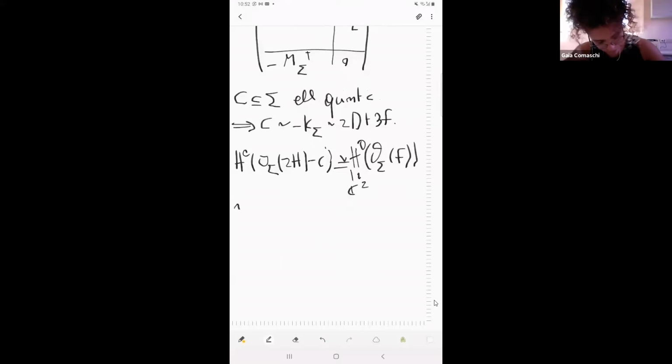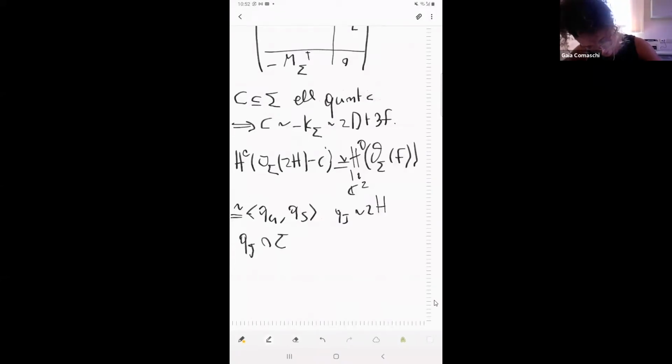So this will be generated by a pair of quadrics that I call Q4 and Q5, where Qj is a quadric that will intersect the scroll along a sextic of the form C plus Lj. So we have a pencil of sextics that contains the quintic.